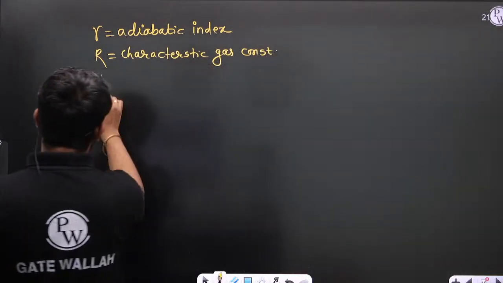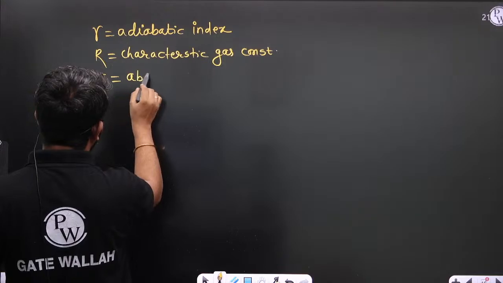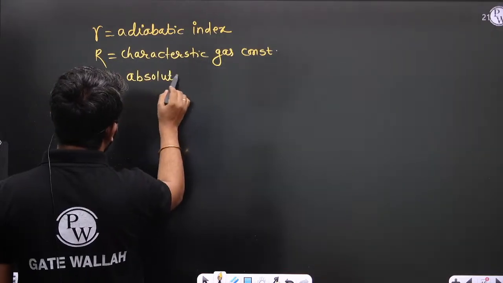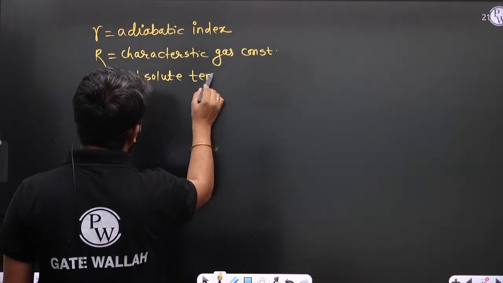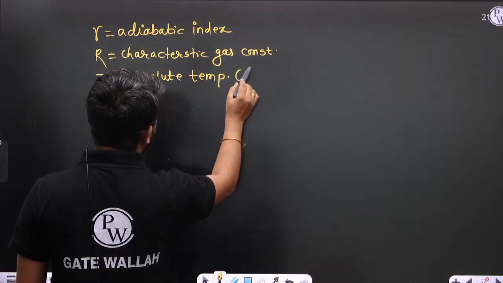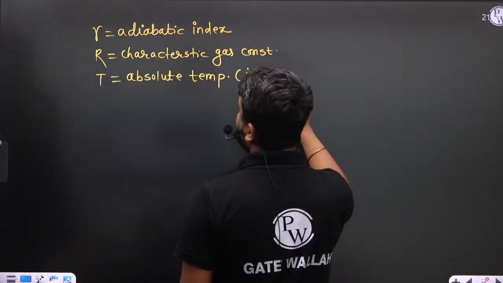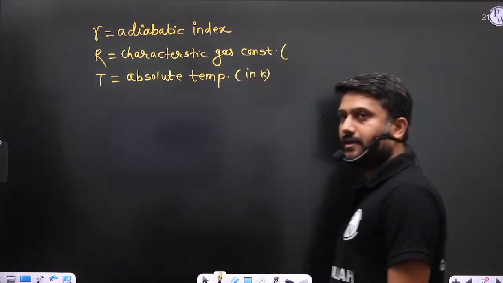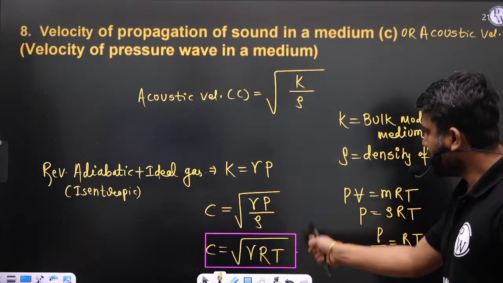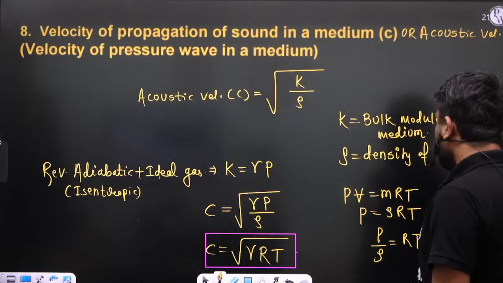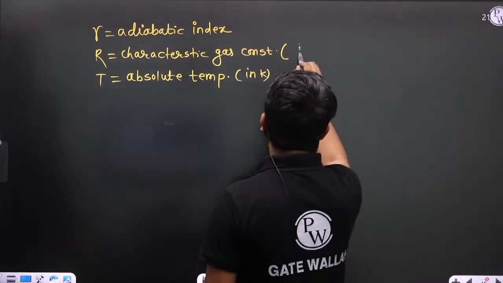And what is the T? T is the absolute temperature, and absolute temperature means in Kelvin. So gamma is the adiabatic index, and remember in this expression, put the characteristic gas constant R in joule per kg Kelvin.